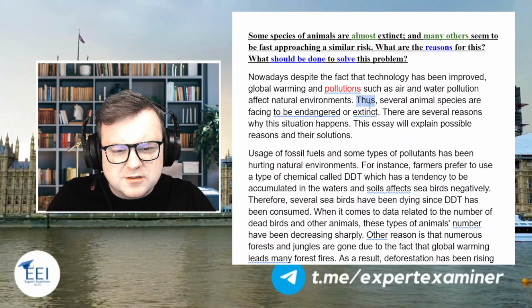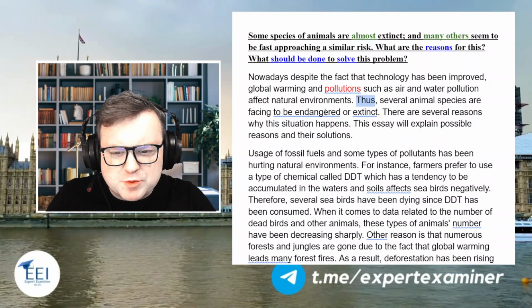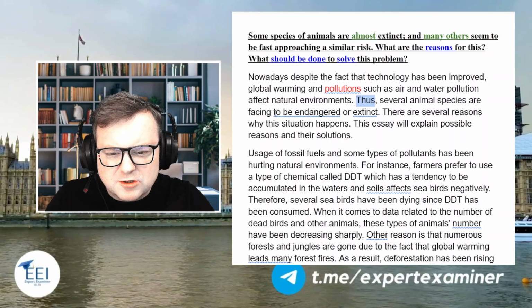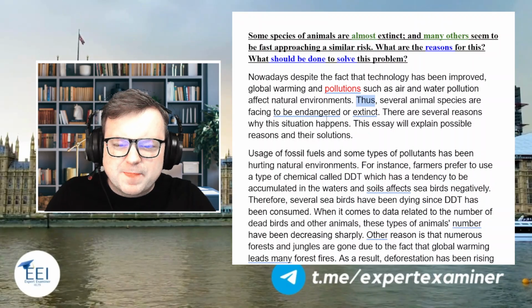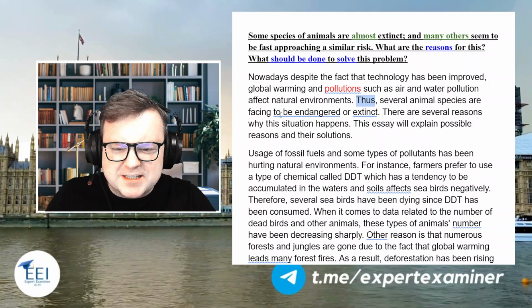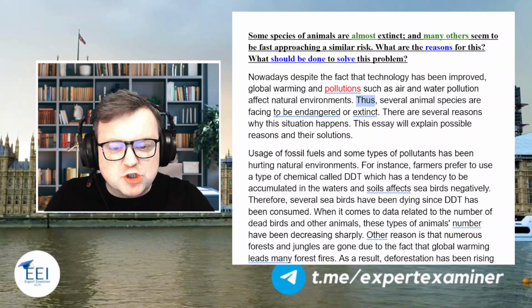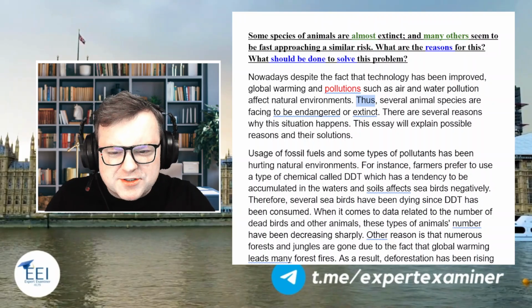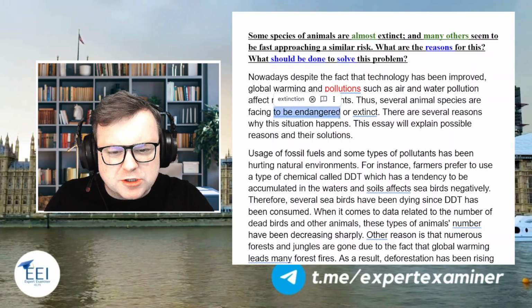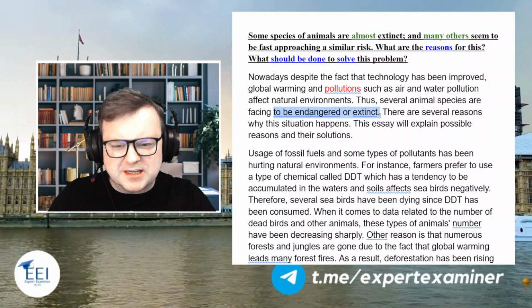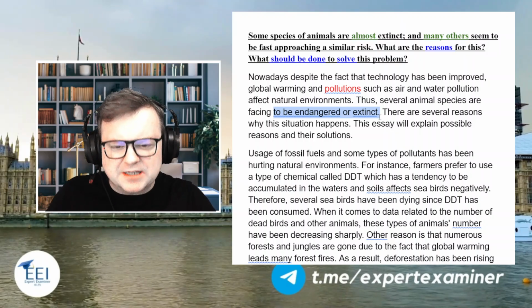Okay, thus, several animal species are facing to be endangered. No, facing extinction, and that means to be in danger of extinction. You can't say facing to be endangered or extinct. Facing something, facing extinction.